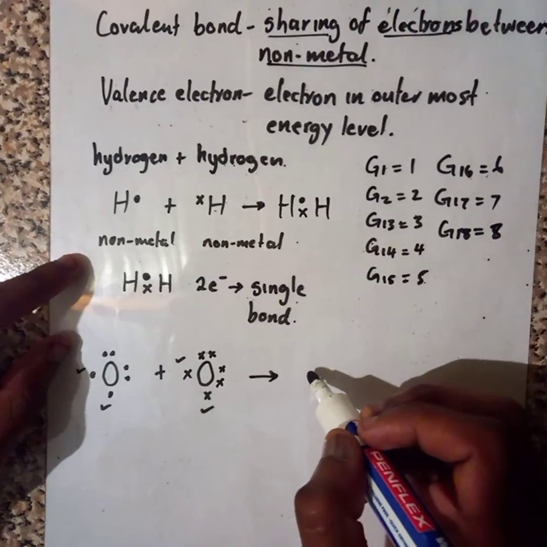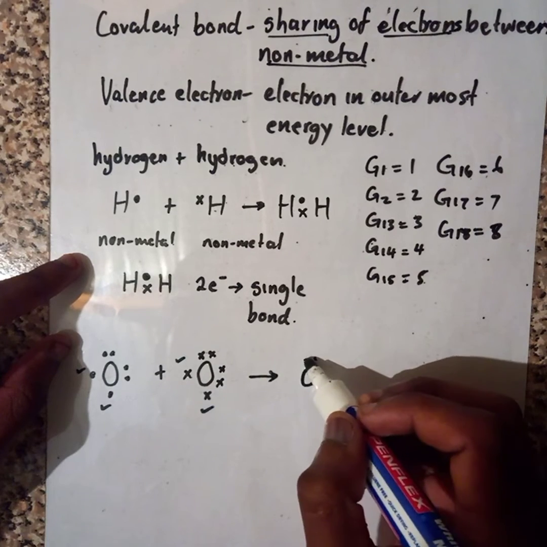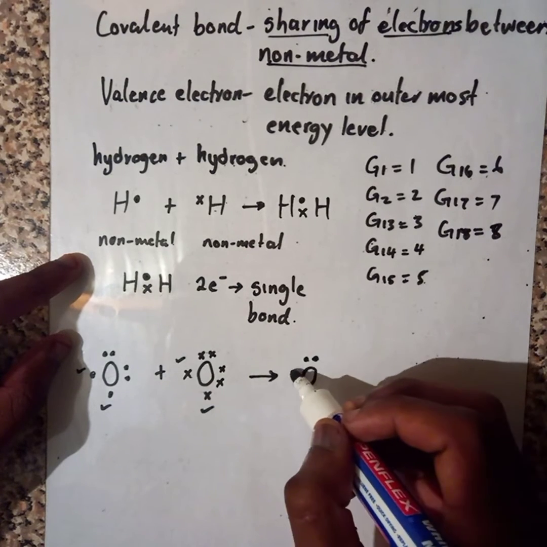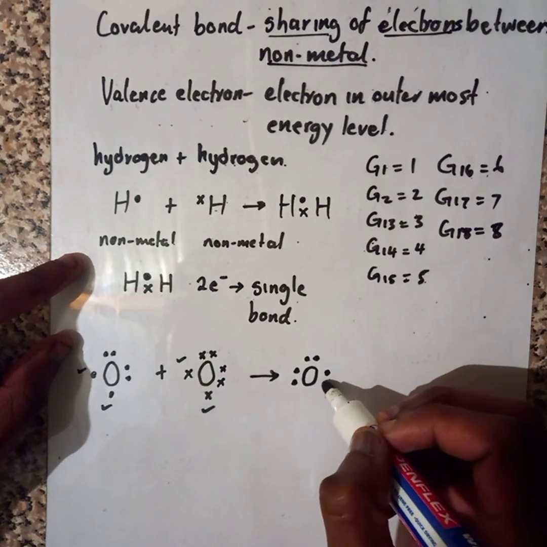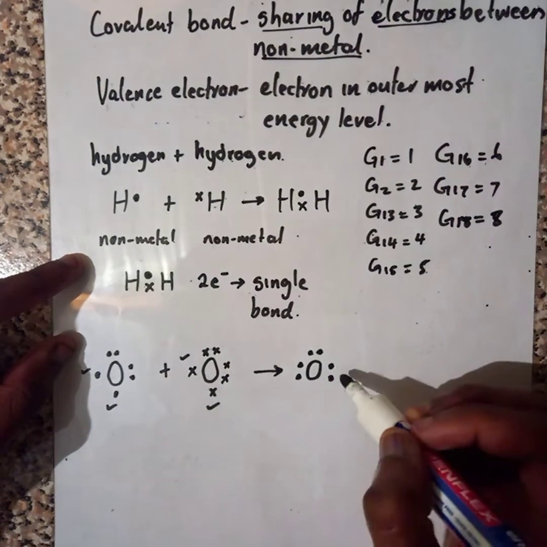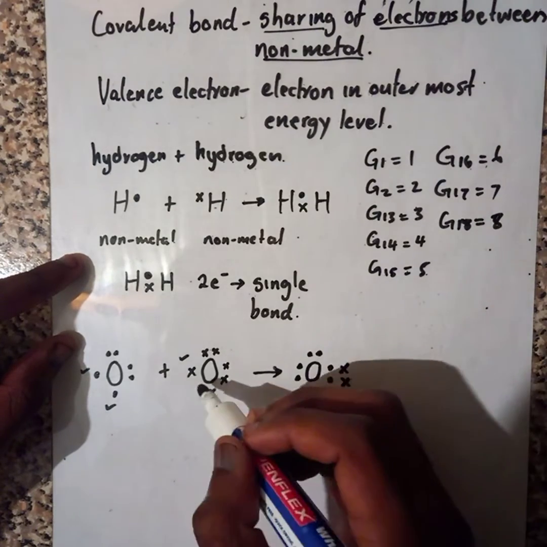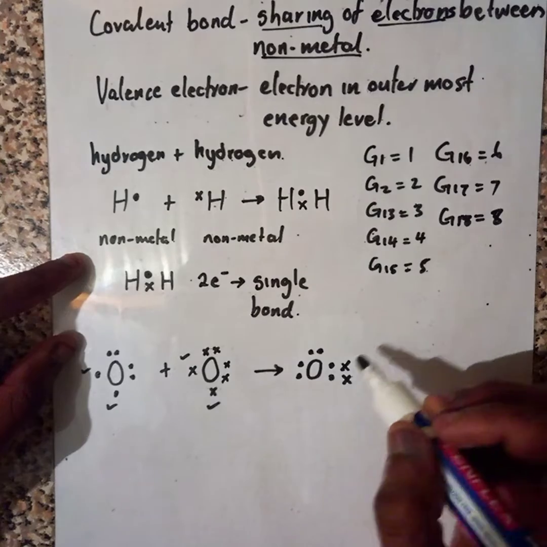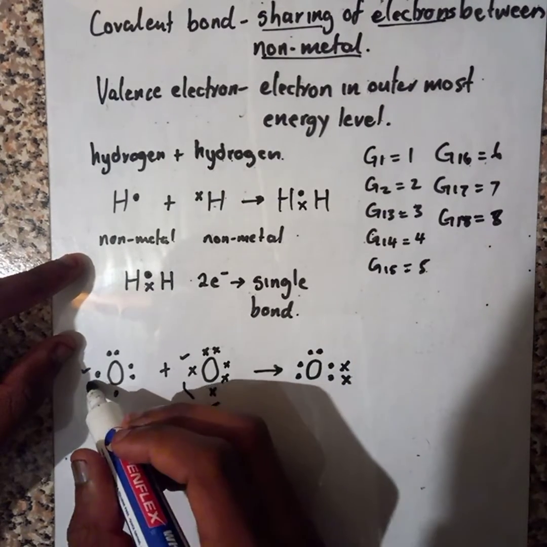Eventually we are going to get a situation which is now like this. Let me write these 2 here. Then they will pair with what? With these 2. They will come together and pair with this one.